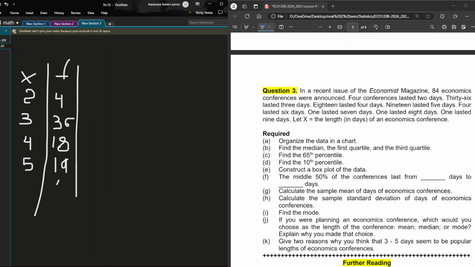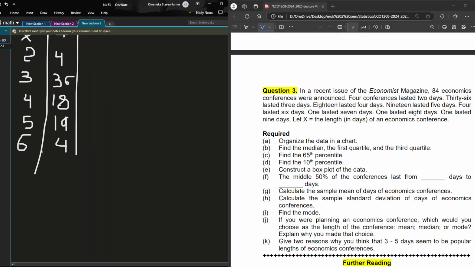Then 4 conferences lasted 6 days. Then 1 conference lasted 7 days, and another 1 conference lasted 8 days, and another 1 conference. You see that for the higher numbers of days there are very few conferences.